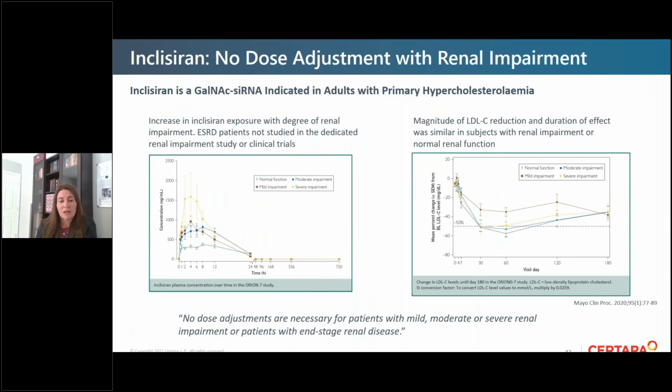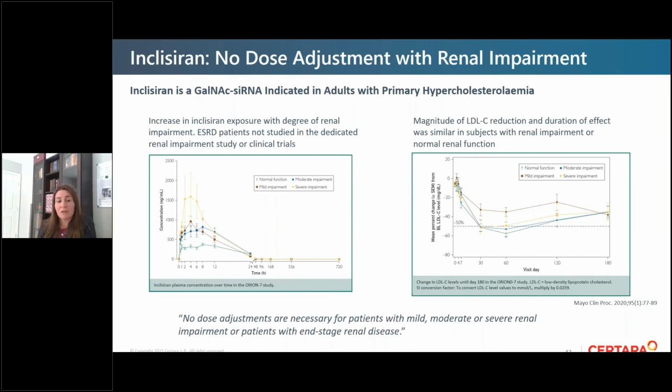Interestingly, if you look at the results for renal impairment for inclisiran, which is also a GalNAc siRNA, indicated for the treatment of high cholesterol and high lipids as an add-on therapy to statins. The figure on the left shows the PK profile of inclisiran in groups with different renal function.